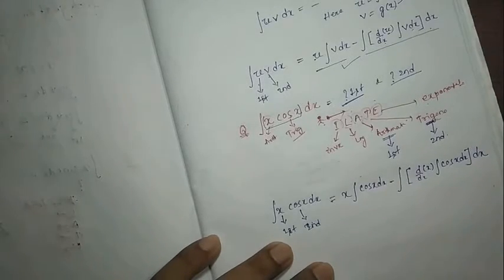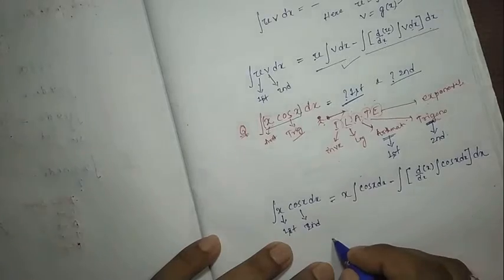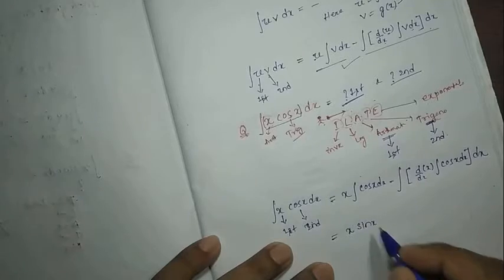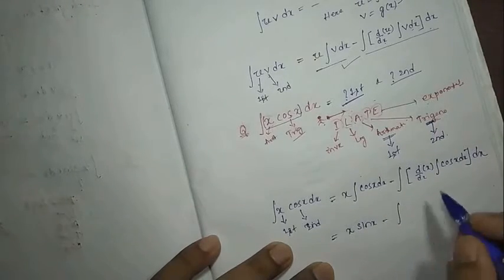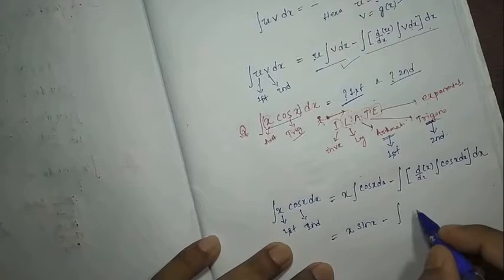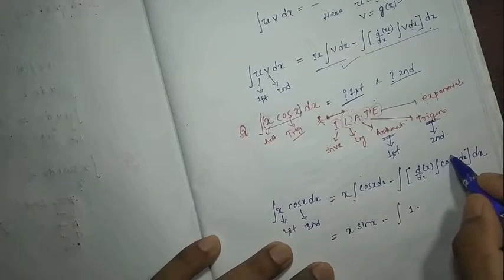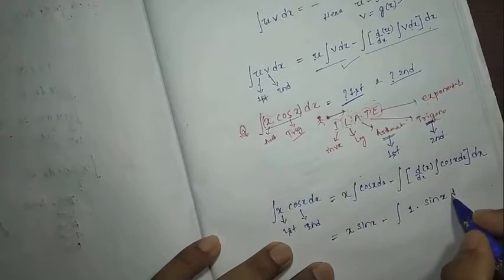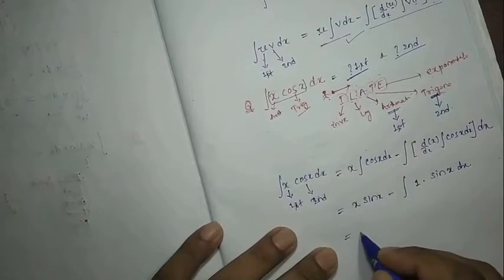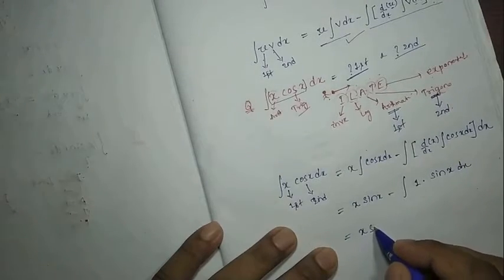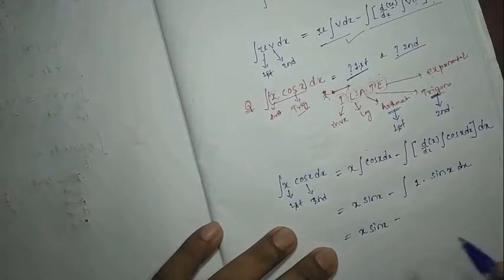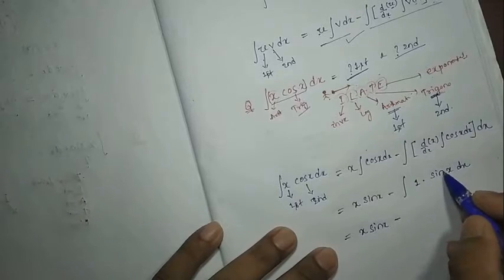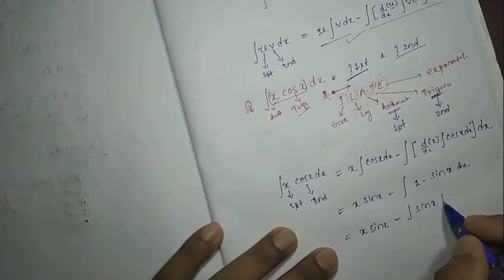Now I am going to do this question, you just watch. x times the integration of cos x, which is sin x, minus integration of the derivative of x, which is 1, times the integration of cos x, which is sin x, dx. Then we write x sin x minus, here 1 multiplied with sin x, that is sin x dx.